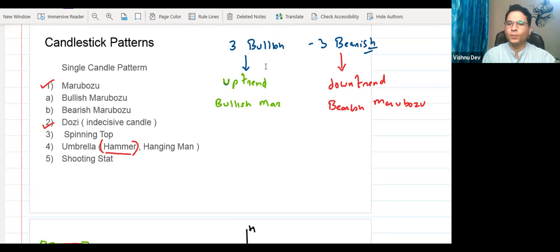Not the same opening and closing, right? The opening and high are the same, and the closing and low are the same. For bullish or bearish? Bullish Marubozu. And for bearish Marubozu, low and close are the same, and open and high are the same. In short, there is no wick present for a Marubozu.